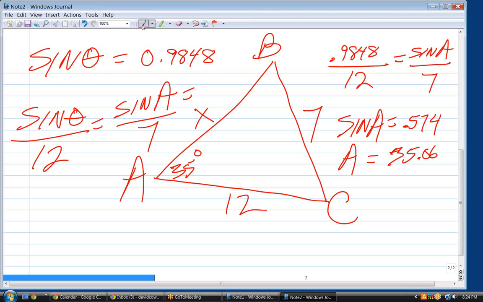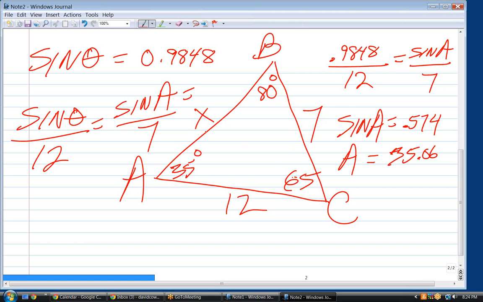What's that angle? 79.99. 80? No, 70. Oh, yeah, 80. Okay, so that's 80. This is 35. This has to be 65. Okay? We've got all three angles.